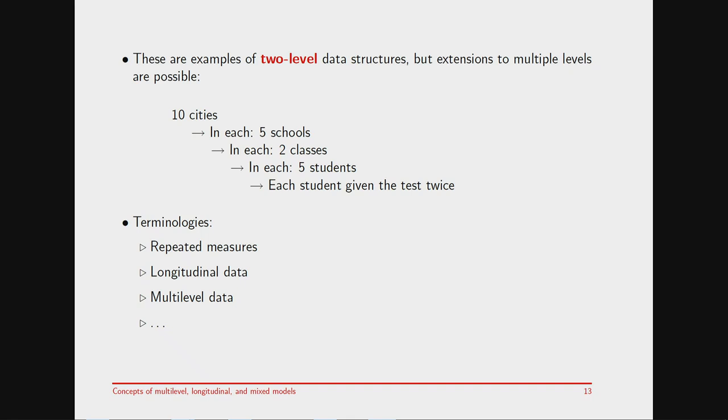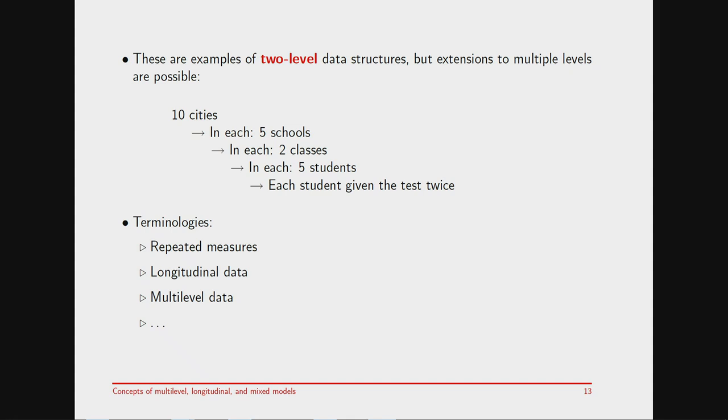So these are just purely cross-sectional data. These are one-level data structures, because there's no hierarchical data set below that. So the difficult step will be from one-level data to two-level data.